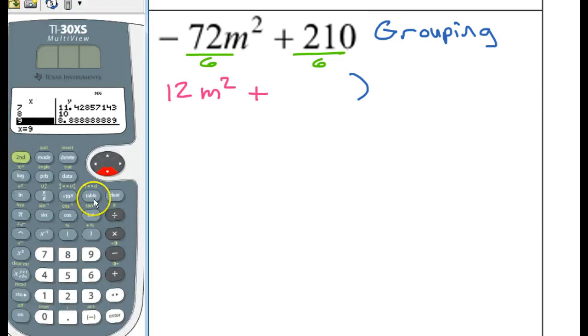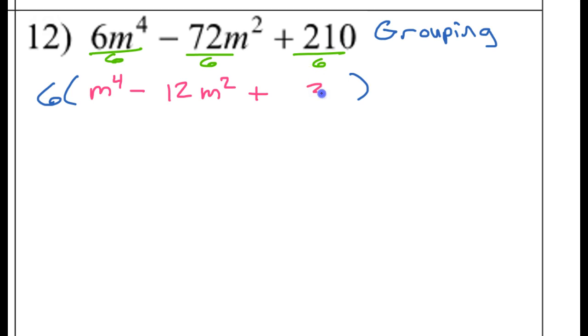And let's see, 210 divided by 6 is 35. Okay, so for the rest of the problem, I'm not going to be looking at this anymore. Now I'm looking at this red trinomial.